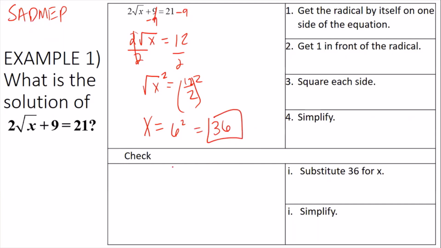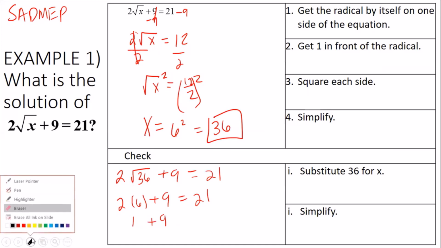We're going to check ourselves to make sure that we did it correctly. We substitute it back into the original. So we have 2 square root of 36 plus 9 equals 21. True or false? 2 square root of 36 is 6 plus 9... No, you simplify first. 12 divided by 2, and then you square it.